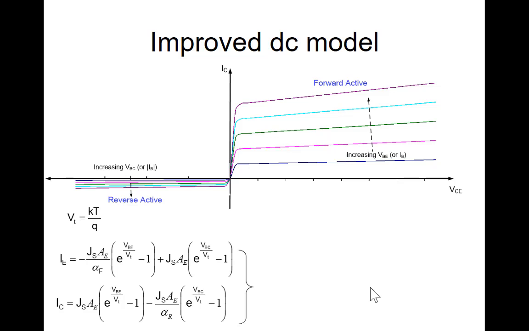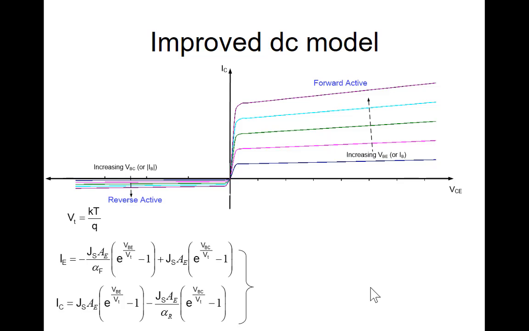If I look at the relation between the collector current and the collector-emitter voltage under both positive and negative values of VBE, we find that when we get to the third quadrant, we get a big compression of the curves. This region of operation here is called the reverse active region. It's analogous to letting the emitter and the collector play different roles. It's analogous to letting the lightly doped region become the emitter.